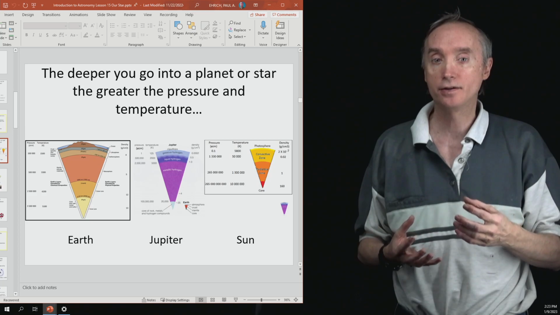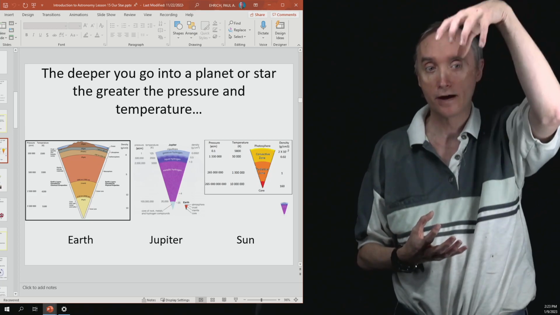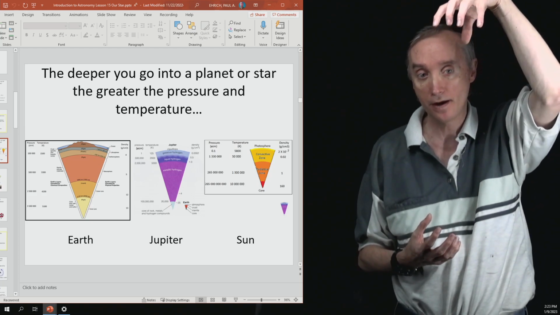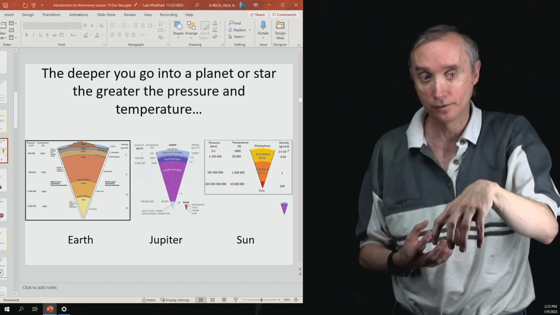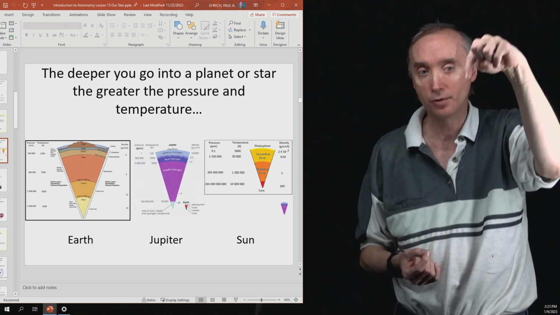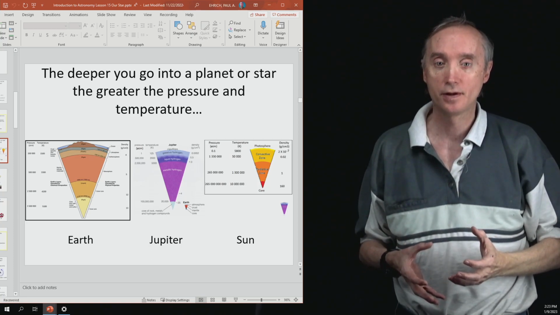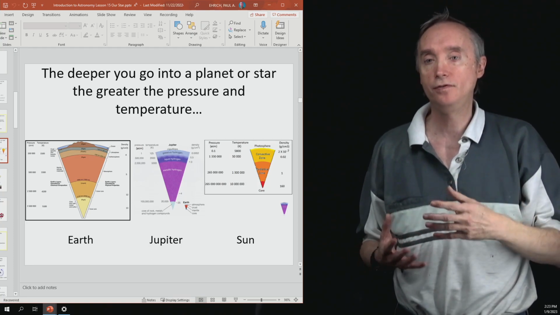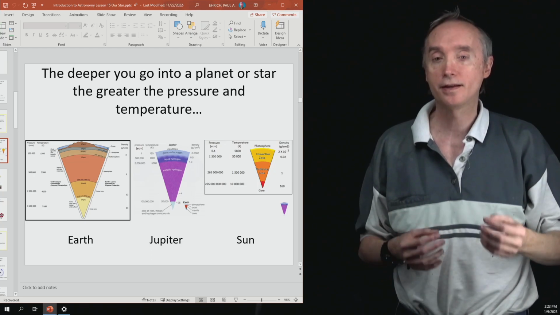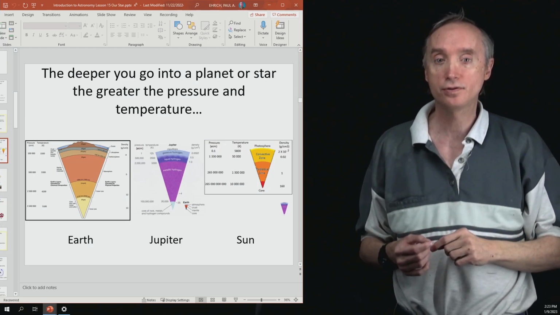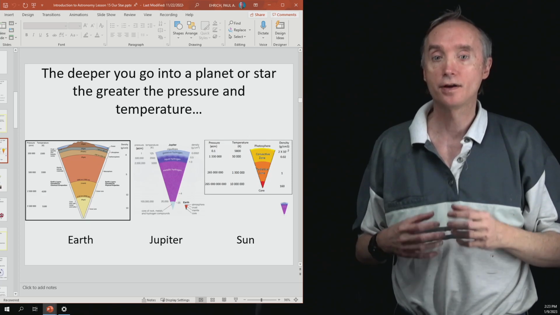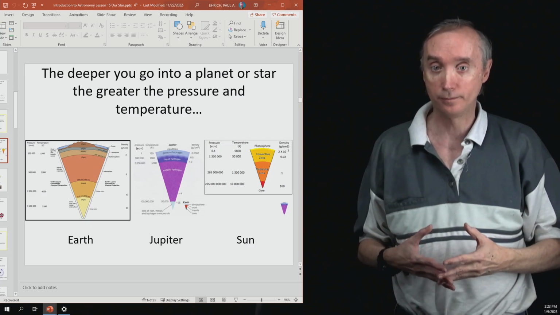And so that is the weight of about 500 miles of air pushing down on top of us. So the deeper you go into an atmosphere, the higher the pressure gets. And now, according to this PV equals NkT thing, that means that the deeper you go into an atmosphere, the higher the temperature will become.